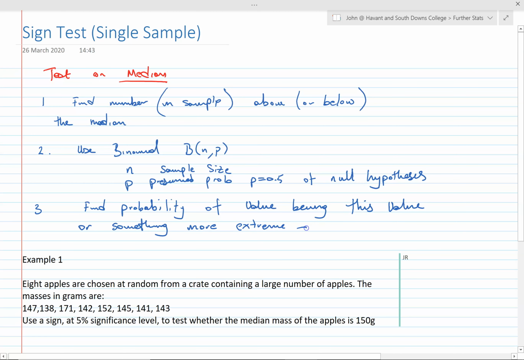Or in the case of two-tailed tests, as extreme. It probably doesn't mean that much until I do an example, to be honest, but we can reflect back on it in a moment. And then, of course, we need to conclude in light of the significance level.